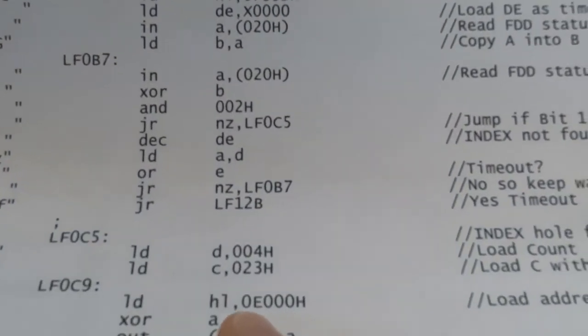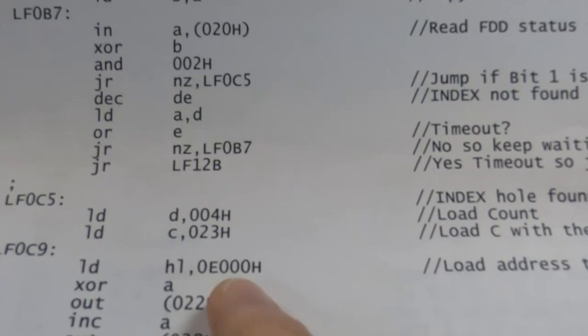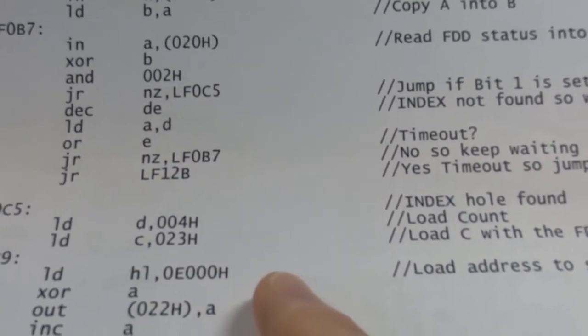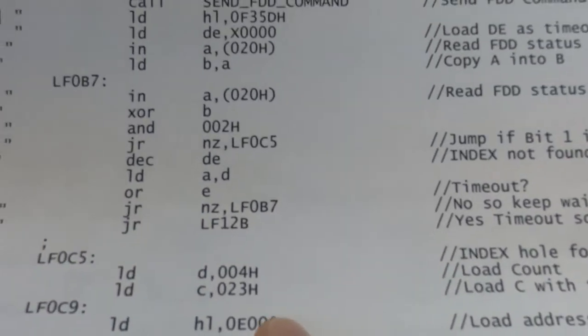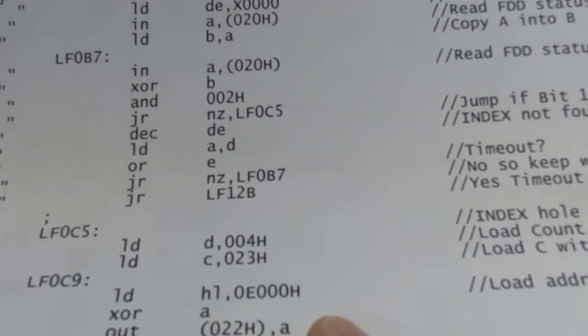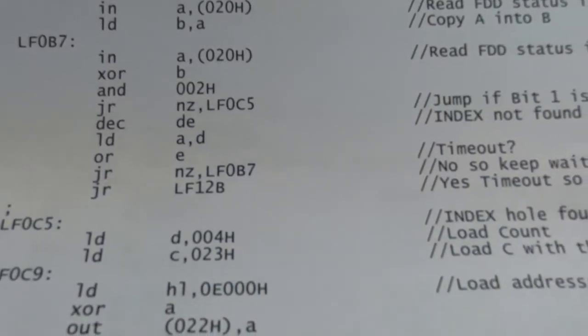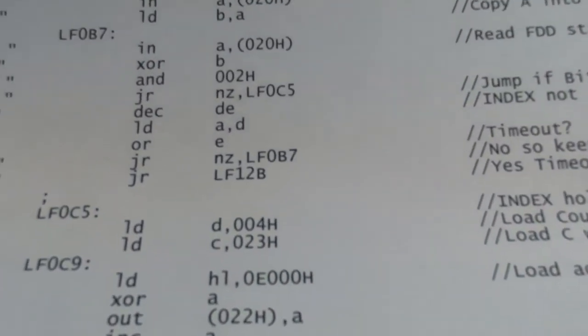Also, it's setting the HL register to a value of E000, which is where the RAM on this machine resides. So, in other words, HL is pointing at the start of the RAM, and the C register is pointing at the floppy drive data register.